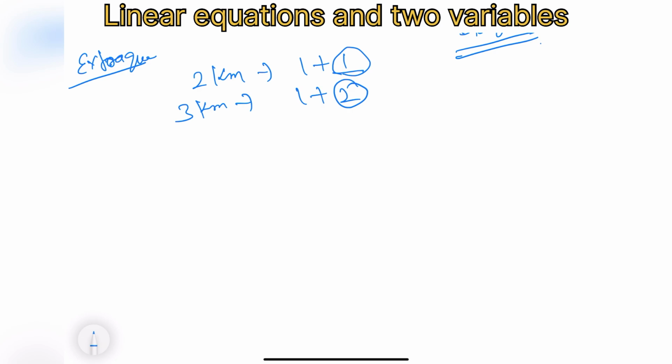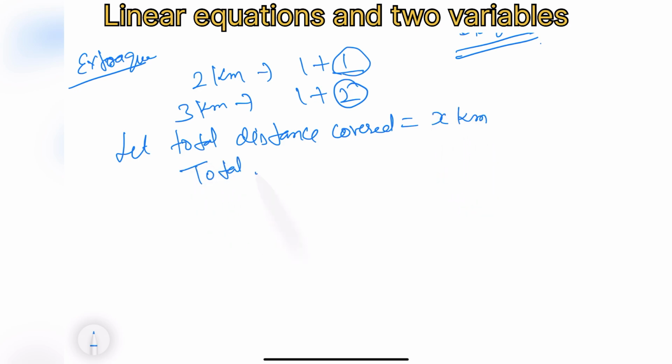Taking the distance covered as x and the total fare as rupees y, we have to write a linear equation and draw its graph. So let the total distance covered be x kilometers and the total fare be rupees y.